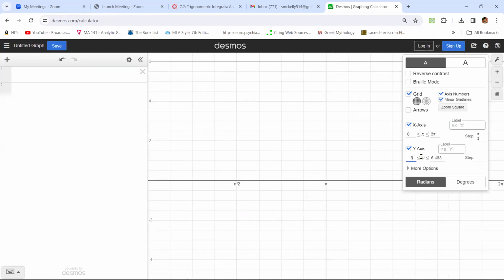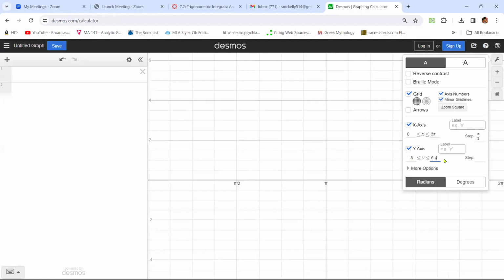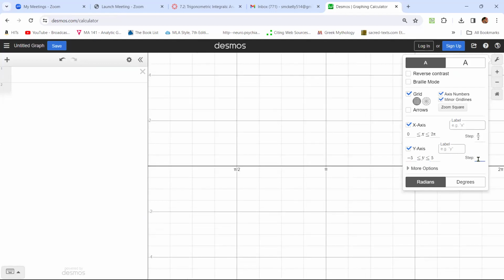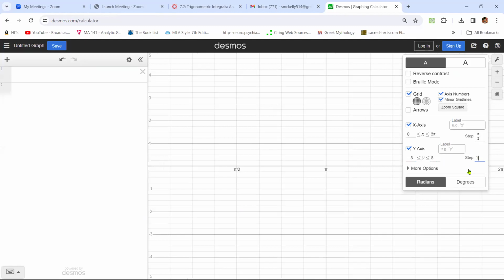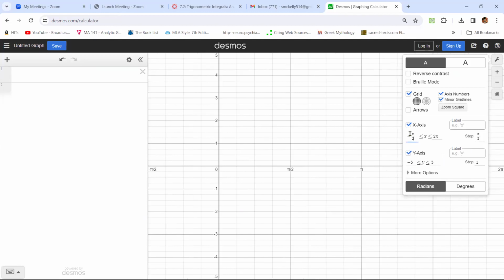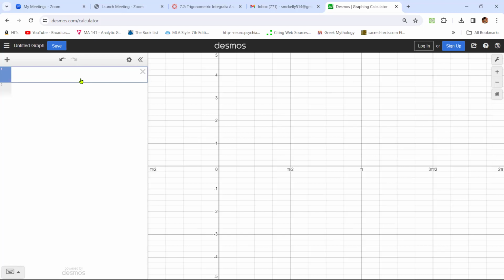I usually use like negative 5 to 5. That's a pretty good interval usually for that. Let me make this negative pi over 2, because I want to be able to see the y-axis. So let's say that I've got that, and I want to graph the sine of x. So there's my curve, okay?